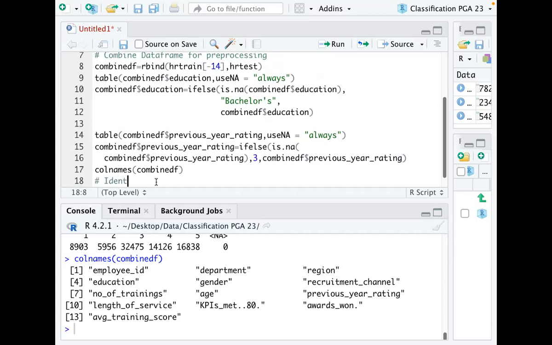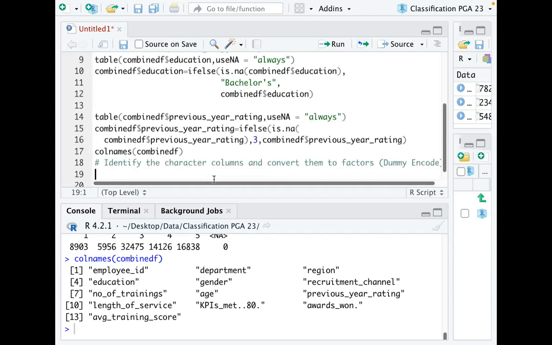We have to identify the character columns and we have to convert them to factors. Convert them to factors or dummy encode.